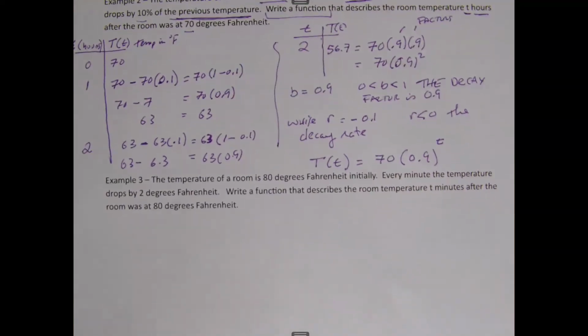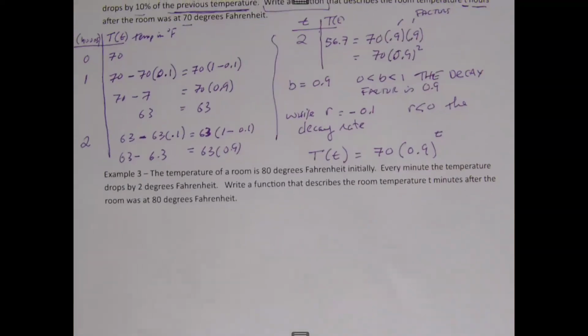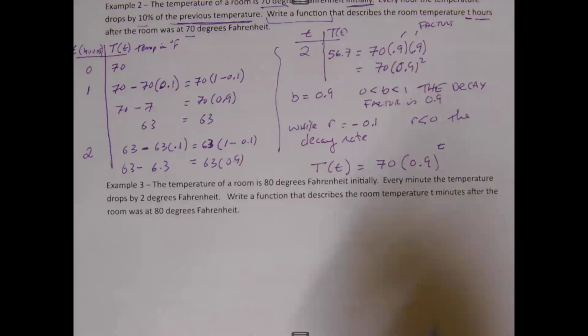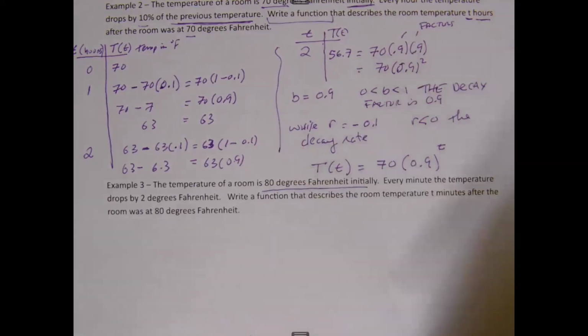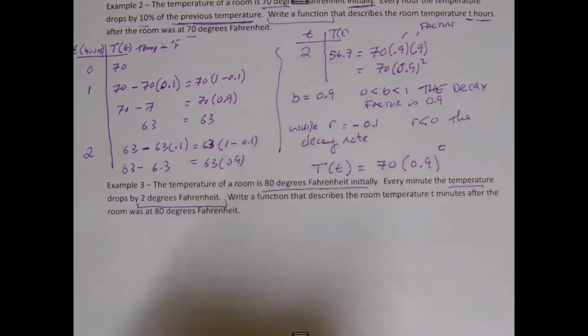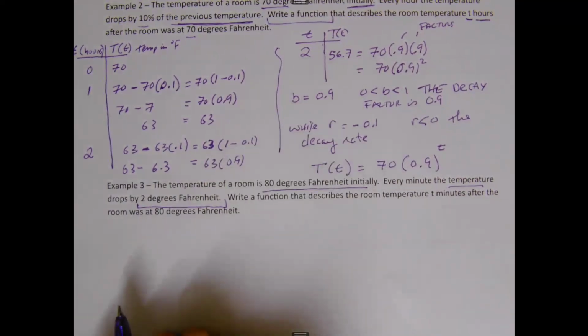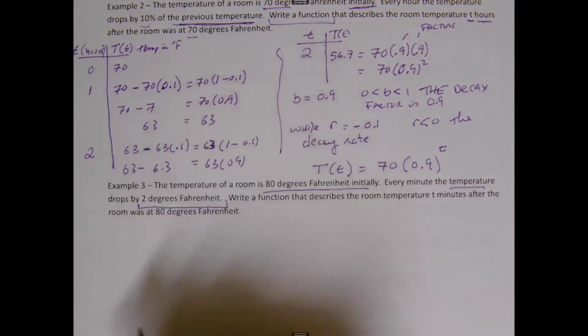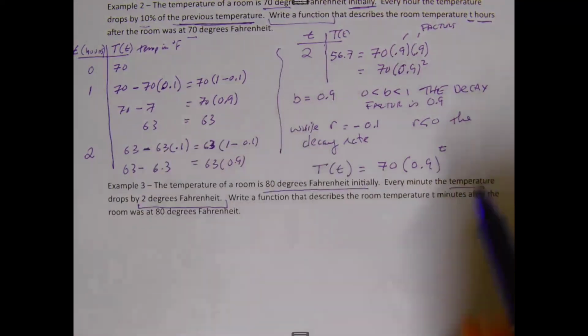The temperature in a room is 80 degrees initially. So again, that's my initial value. Every minute, the temperature drops by 2 degrees Fahrenheit. Now what I want to do is make sure you see the difference between this question and the previous question. Every minute, the temperature drops by 2 degrees.